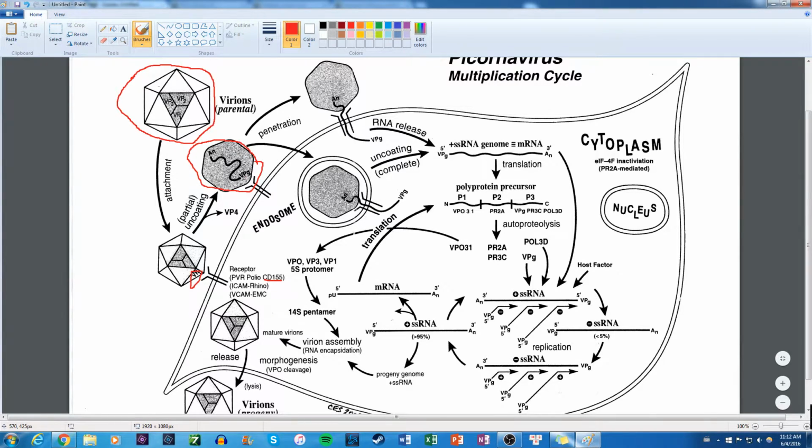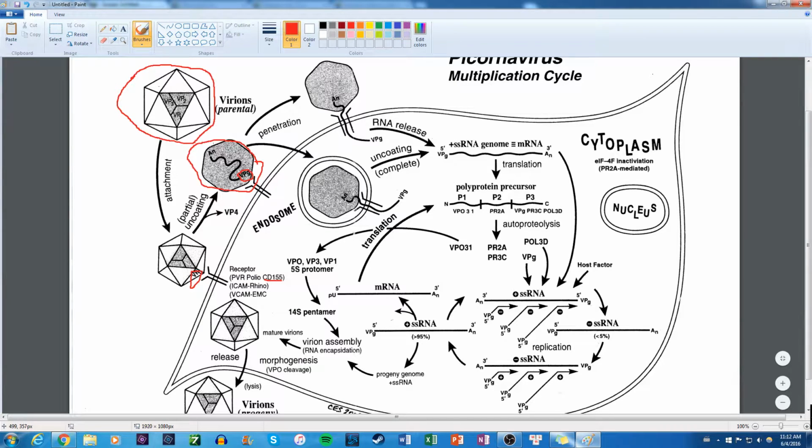VPg, think of that as something similar to a 5' cap for other RNA molecules, but for polio they use VPg instead of a 5' cap, and I'll get into more detail later. The reason they use VPg is so that they can have uridylation, so they can circularize the RNA and have it replicated.